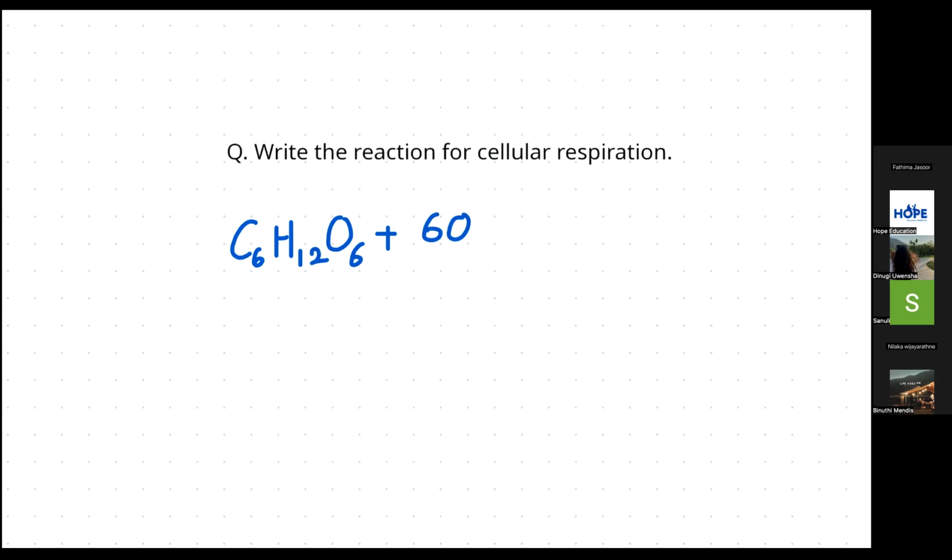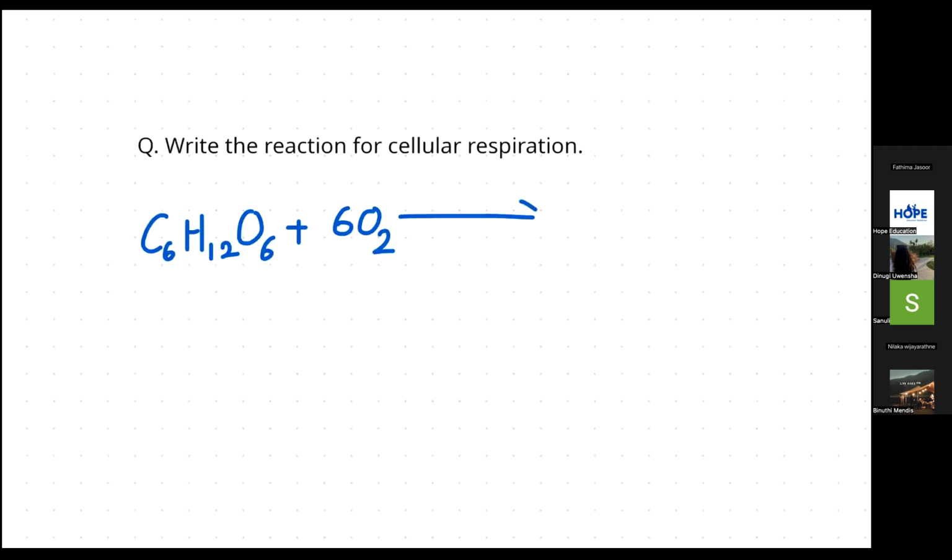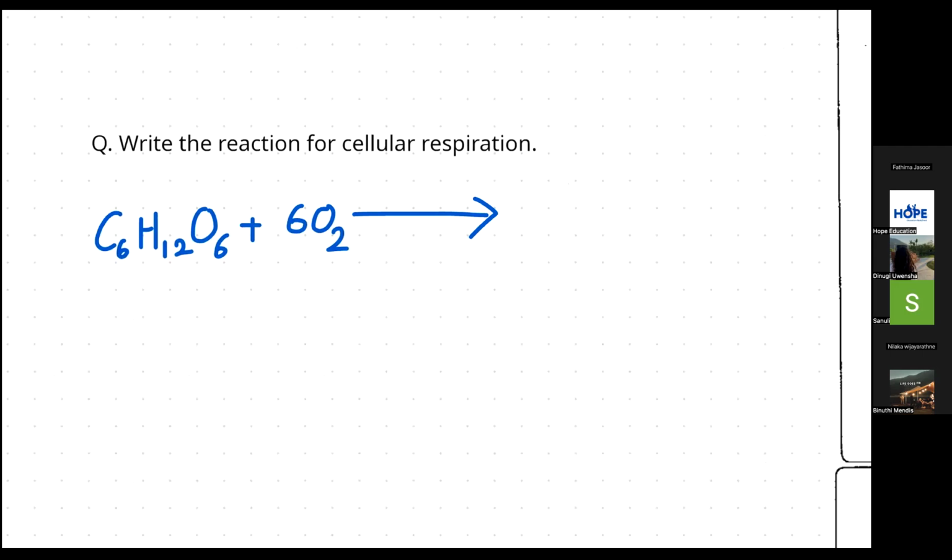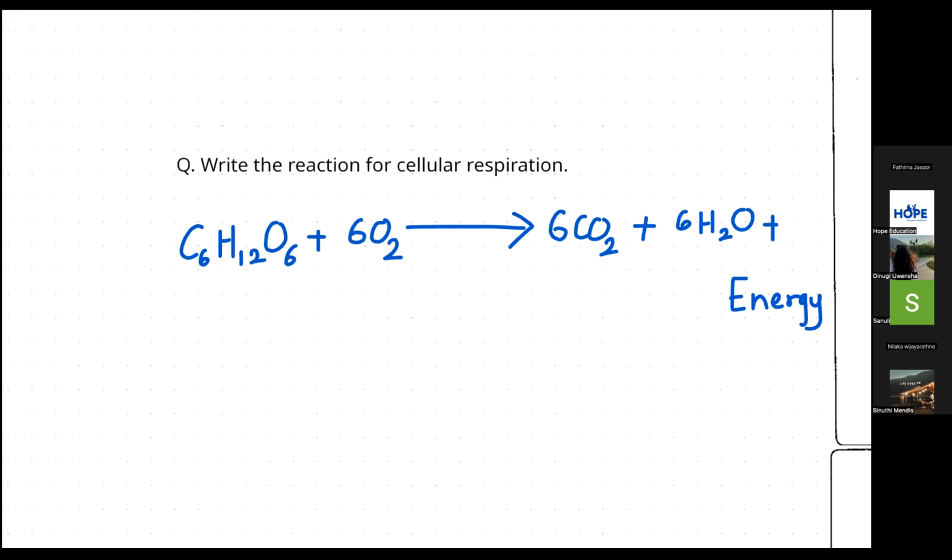It produces what? 6 carbon dioxide, 6CO2, plus 6H2O, plus energy. This is the reaction. This is the cellular respiration or aerobic respiration reaction.